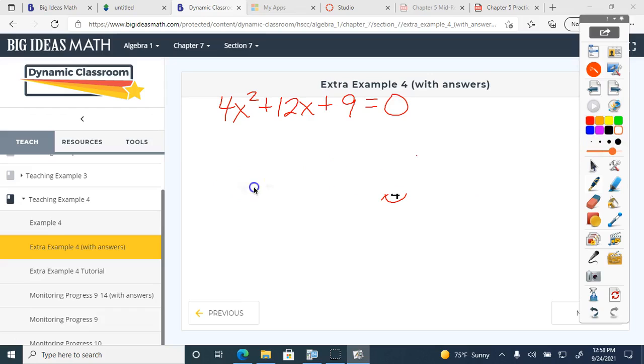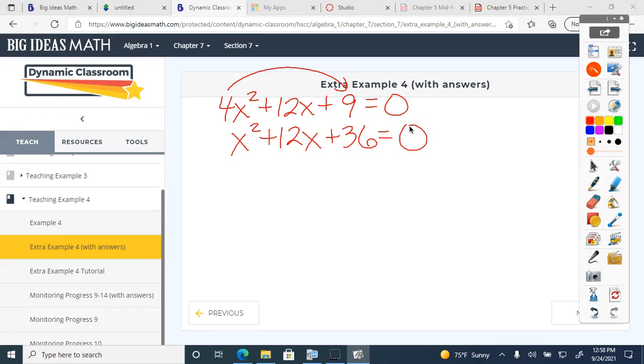I'm going to erase this so I have some room to work. And here we go. Is there a common factor? No. So I'm going to borrow my 4. That's x squared plus 12x plus 36 equals 0.